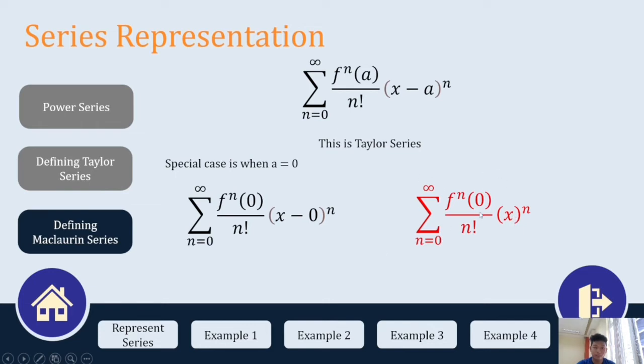This special case, we can represent as another series, which we call the Maclaurin series. There is no real difference between the Maclaurin series and the Taylor series, because the Maclaurin series is just a special case of the Taylor series. Okay.